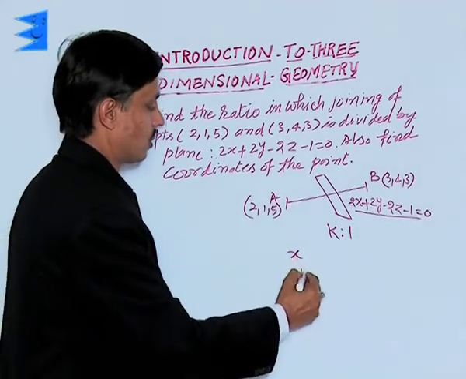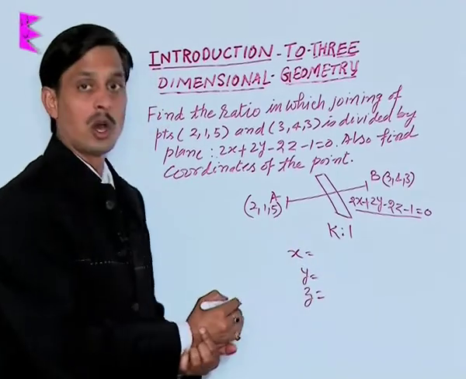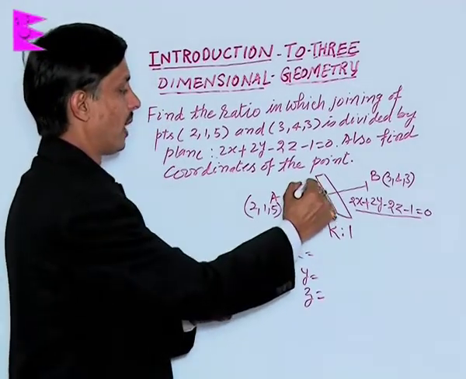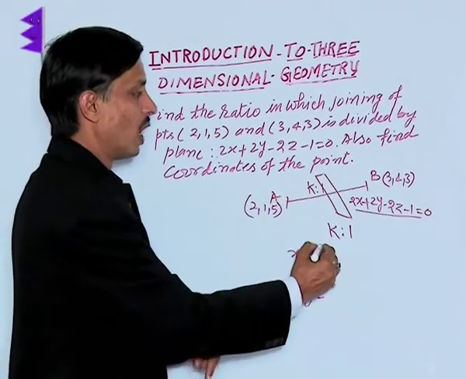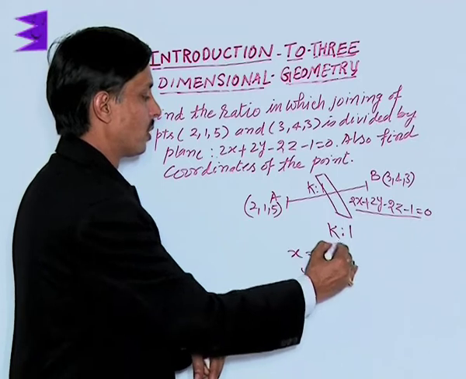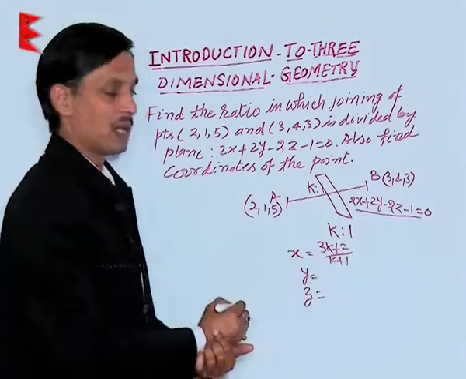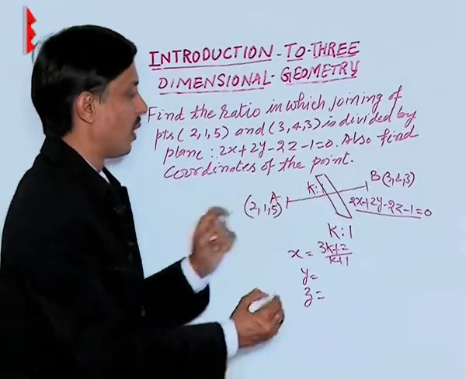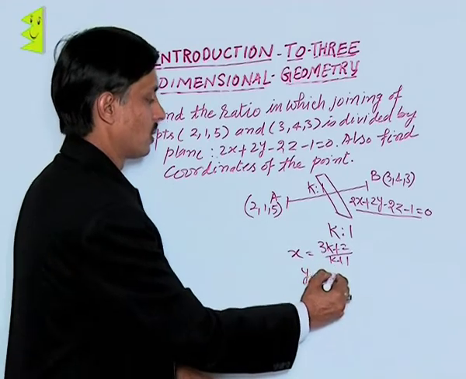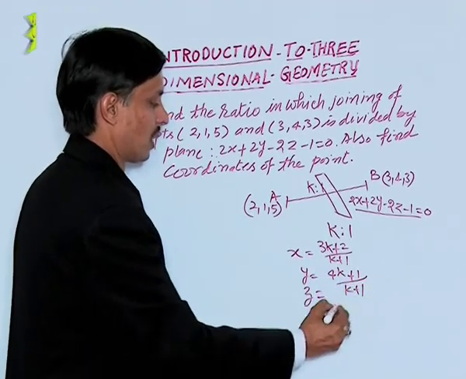Then x, y and z. As per the section formula, if it divides in the ratio k is to 1, then the value of x will be (3k + 2) upon (k + 1). For y, that will give us (4k + 1) upon (k + 1).